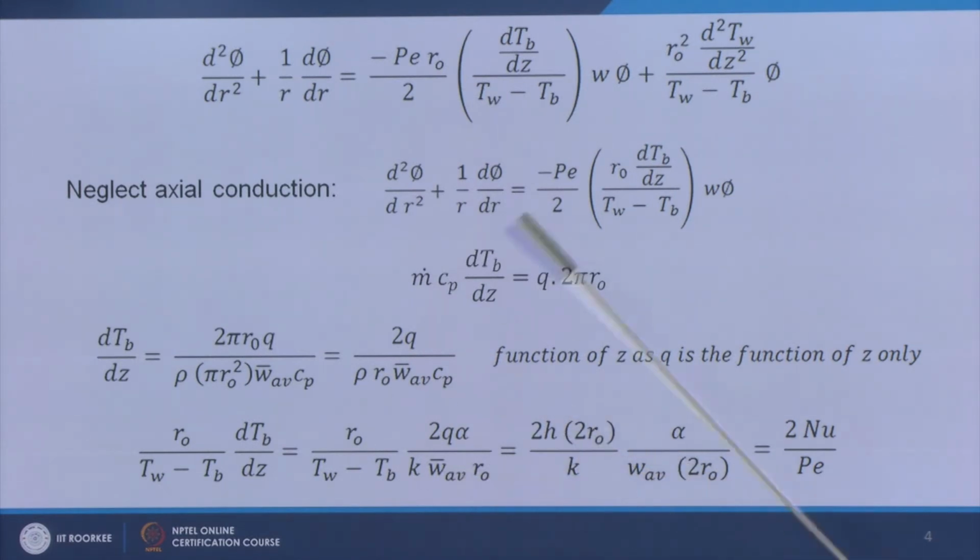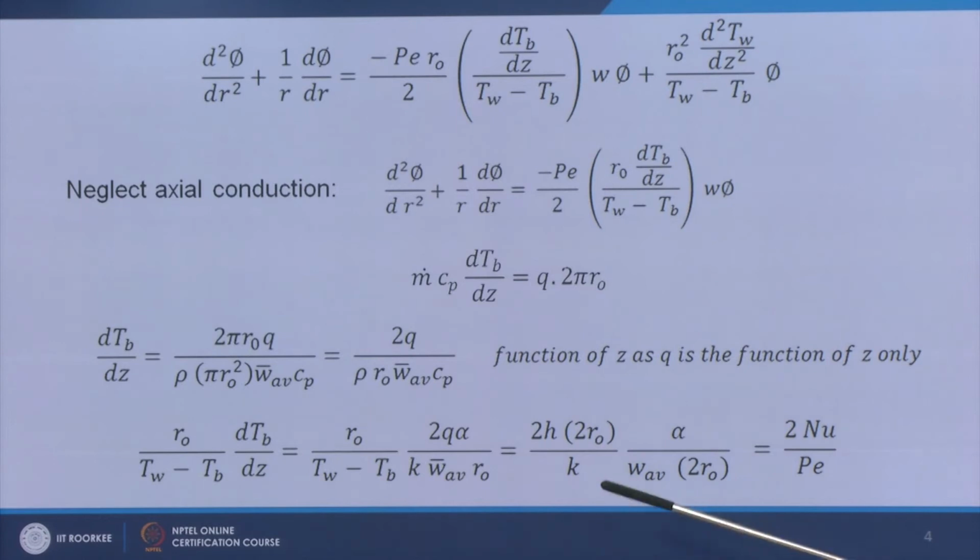So ultimately the term in the first bracket can be written as 2h alpha by k w̄. If you multiply by 2r₀ in the denominator and numerator, then you find one non-dimensional number, the Nusselt number h·2r₀ by k based on the tube diameter, and here we get another non-dimensional number, w̄·2r₀ by alpha, which is nothing but the Peclet number.